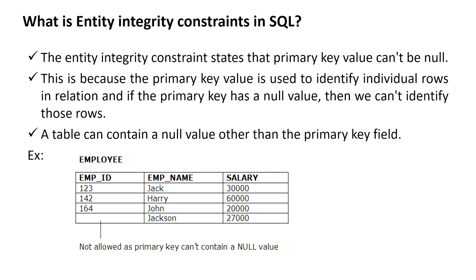So see the below example: employee table. There are three columns: employee ID, employee name, salary. In the employee ID column we cannot insert a null value because it is a primary key. It is not allowed, as a primary key cannot contain a null value.